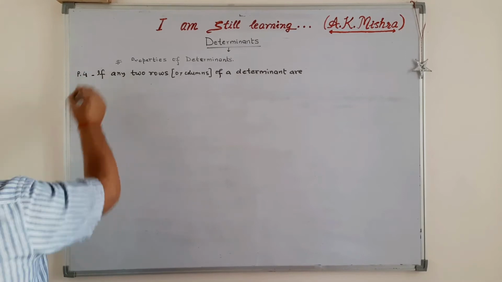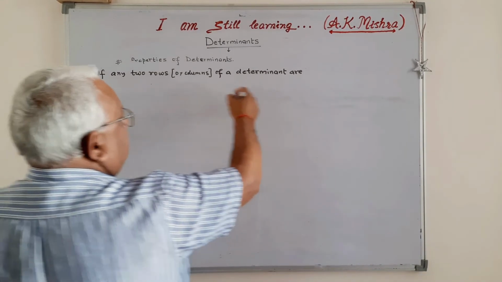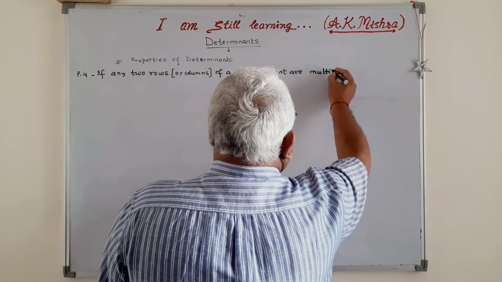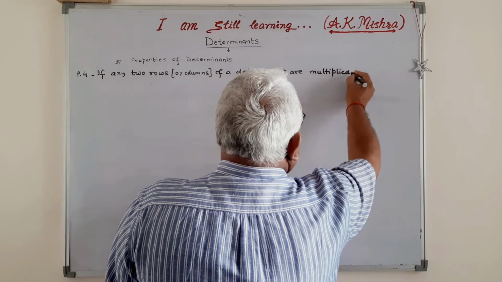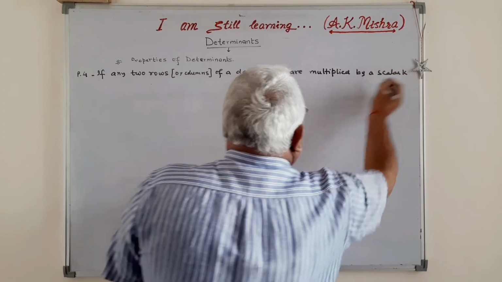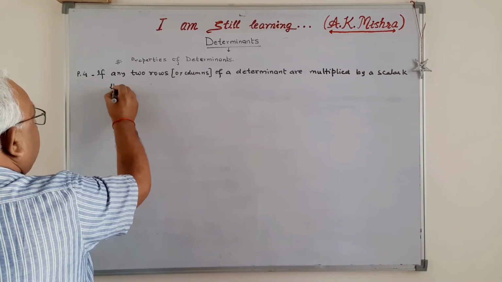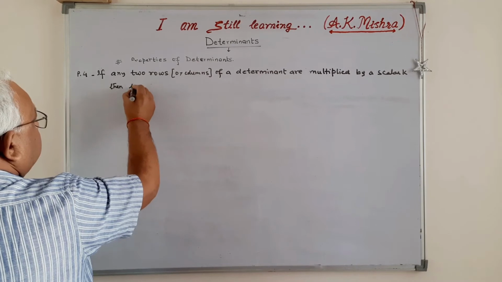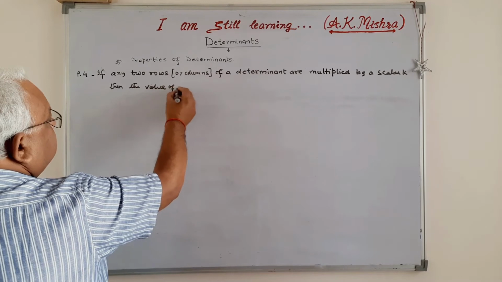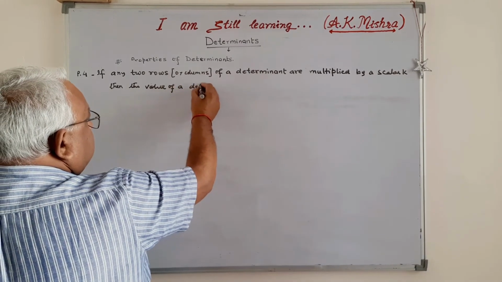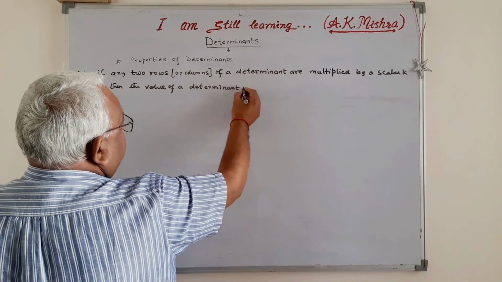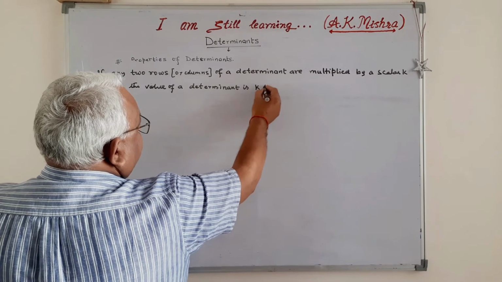P4: if any two rows or column of a determinant are multiplied by a scalar k, then the value of a determinant is k times delta.